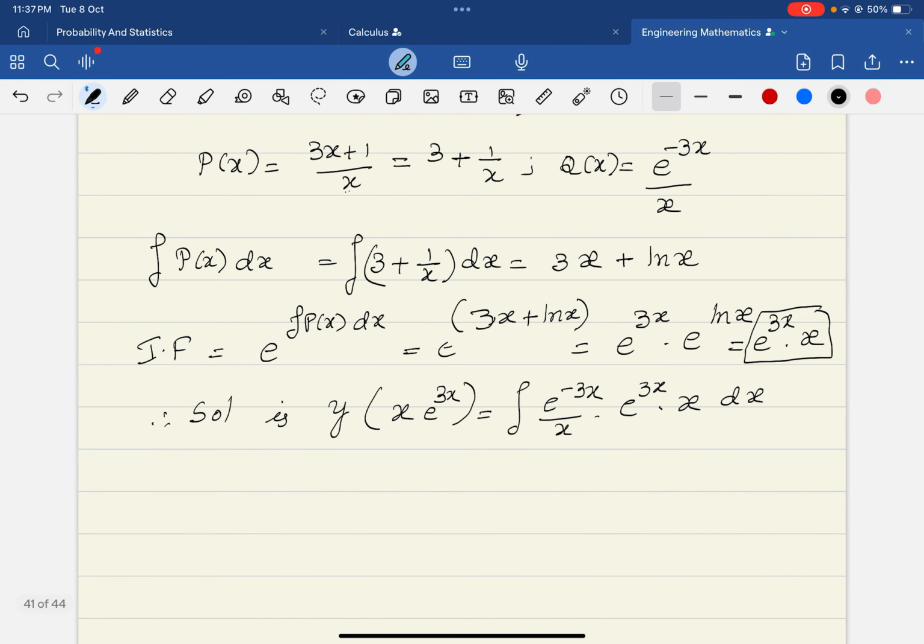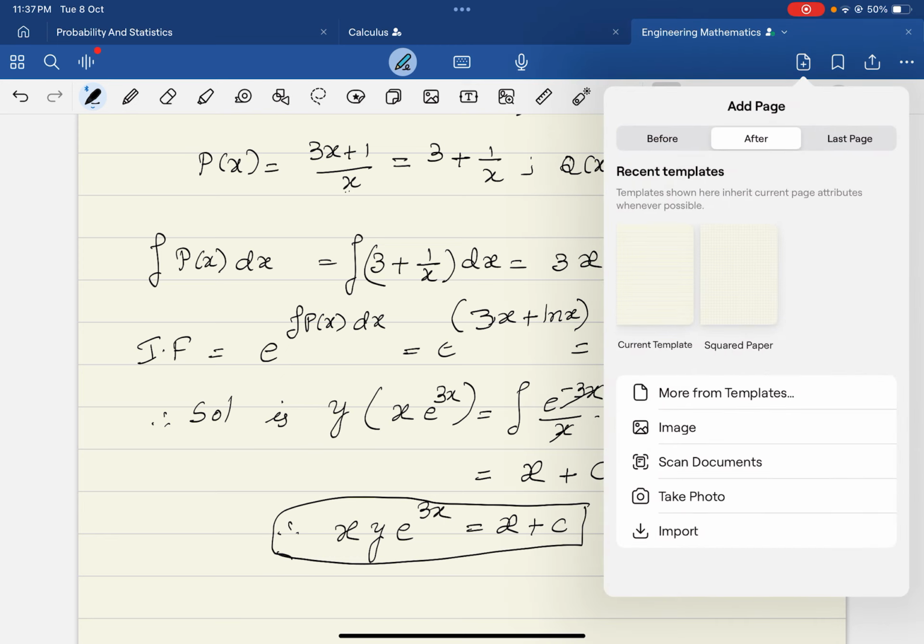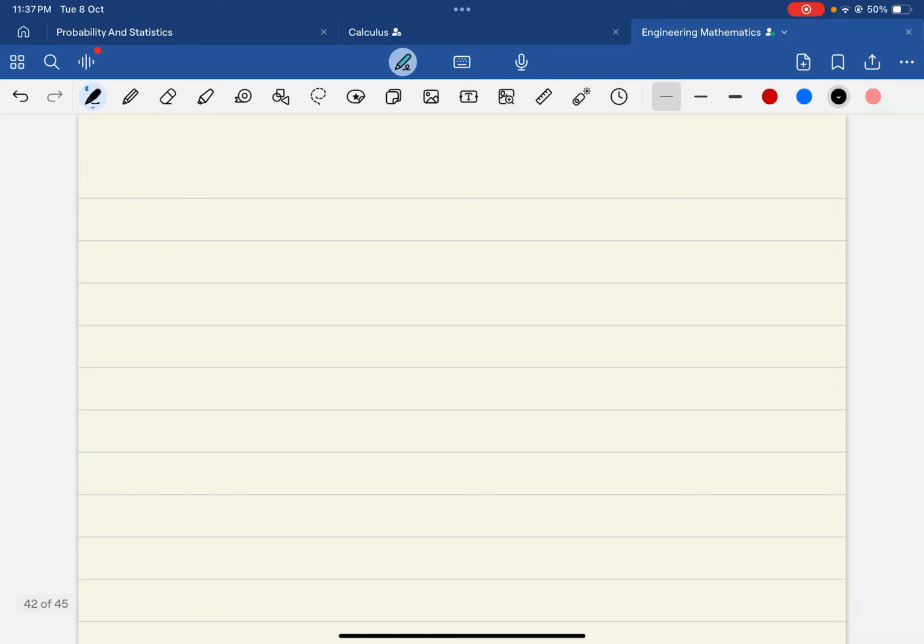This x and x get cancelled, and e raised to minus 3x and e raised to 3x also get cancelled. You will remain with the integral of dx, which is x plus the constant. Therefore, the general solution is x y e raised to 3x is equal to x plus c. So this is the solution.